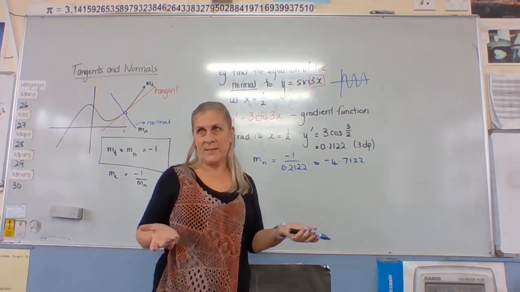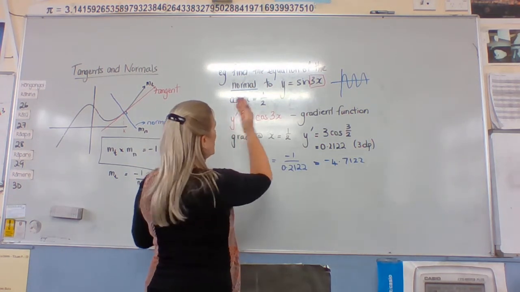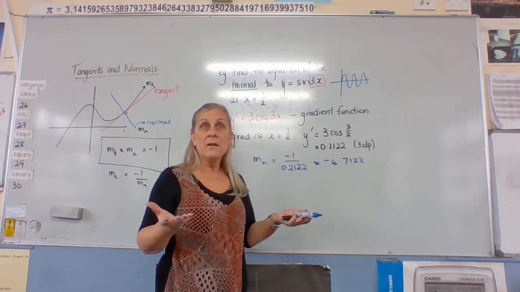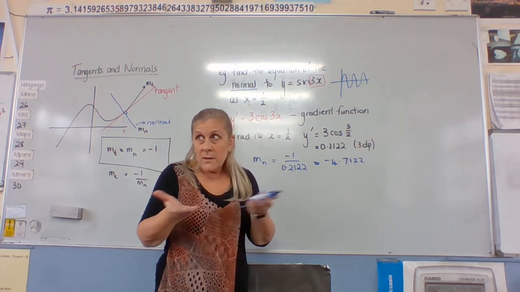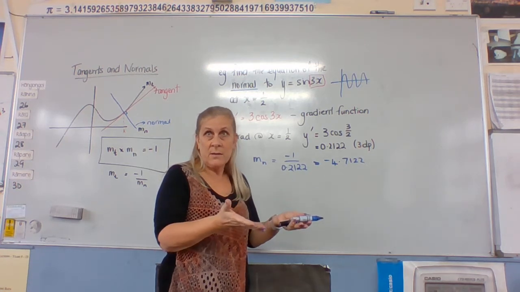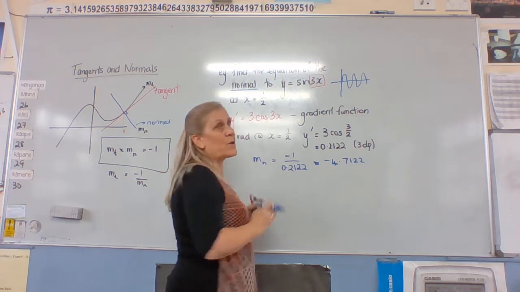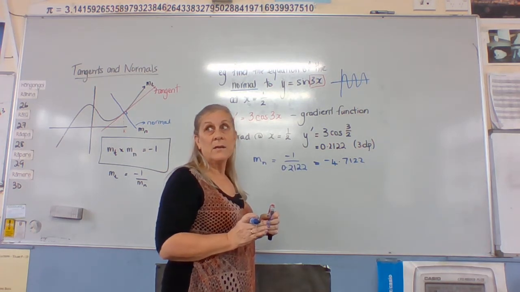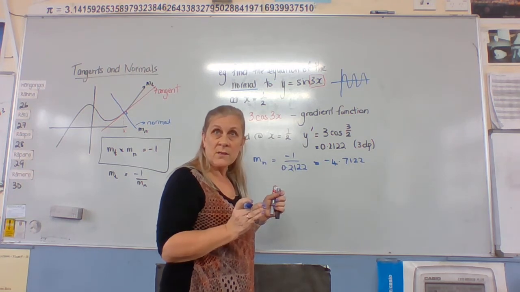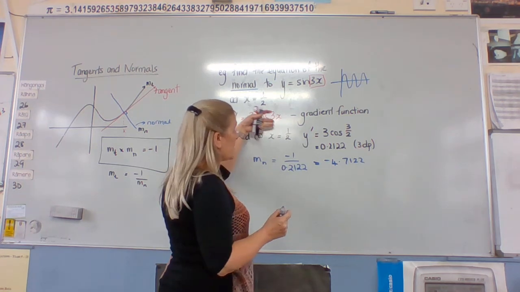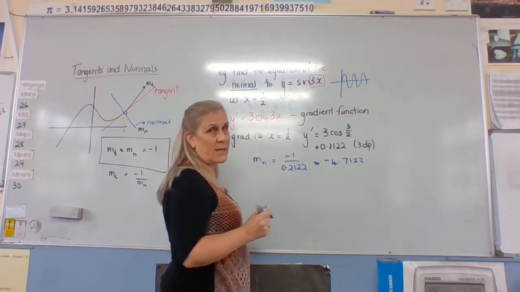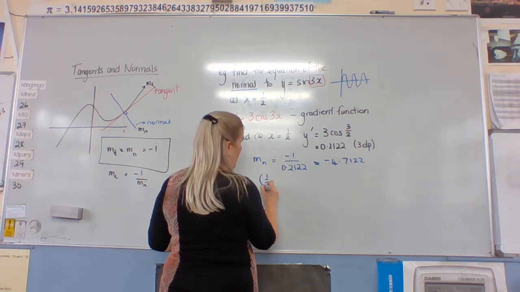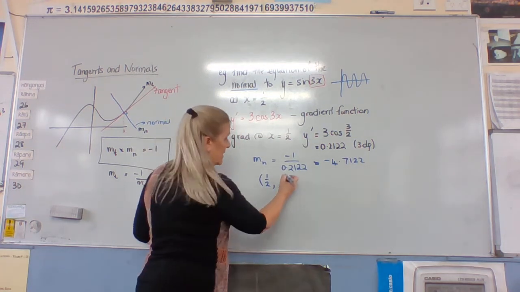What am I going to use next? I've got an equation of a normal. What kind of thing is this? It's a straight line. All right, so along with the gradient, I need a point that's on the curve. So I'm going to use the point that I've been given so that I get it right. So I need to now know what the y value of the coordinate is.